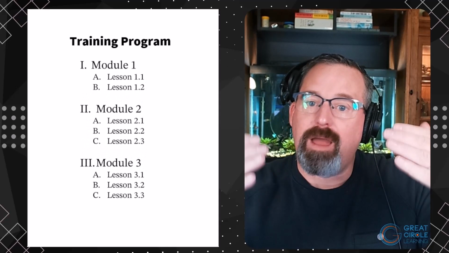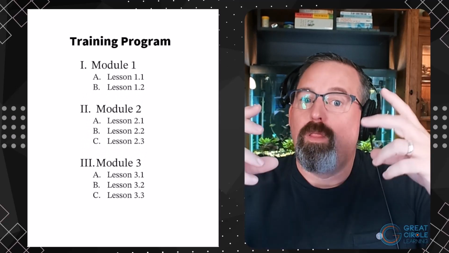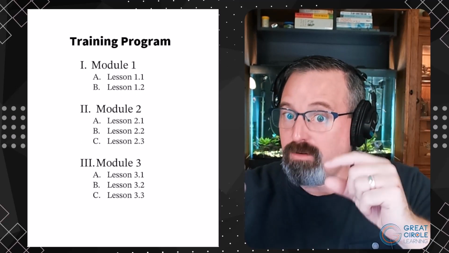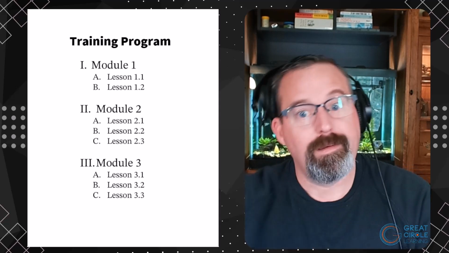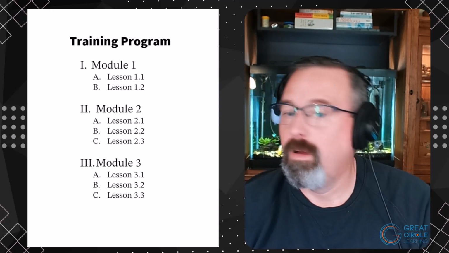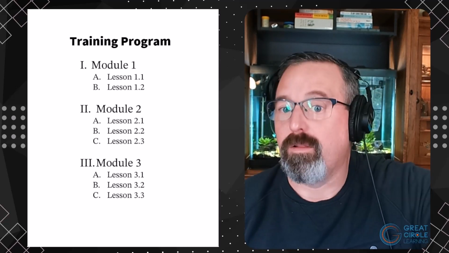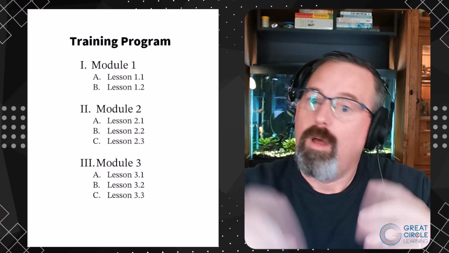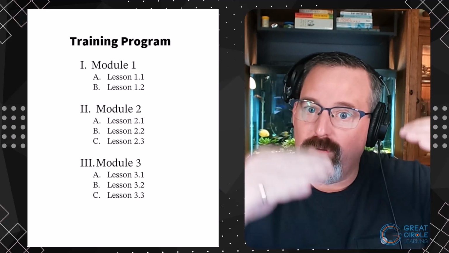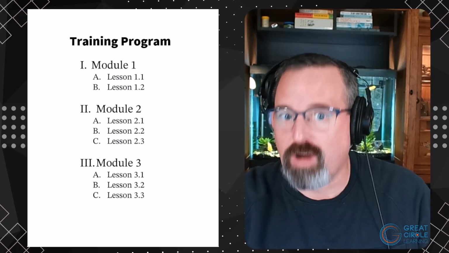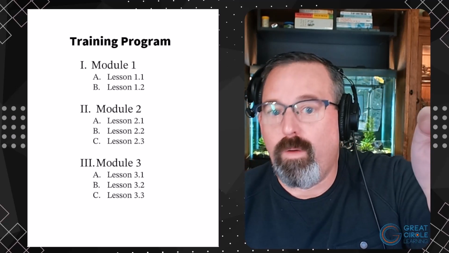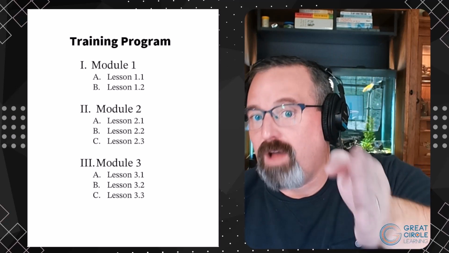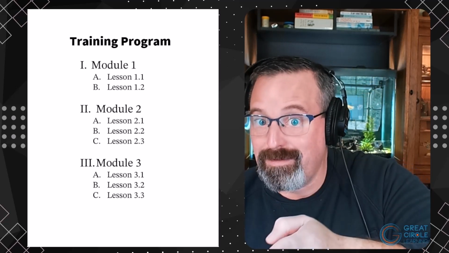But within my modules, those break out into smaller steps or lessons, also called enabling objectives, another term. Another way to look at a module could be a topic, and a lesson could be a subtopic. Whatever terminology you use, we're looking at a hierarchical structure, right? So within our modules, every module is going to be built up of lessons.